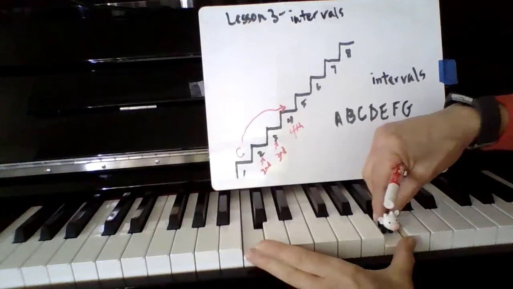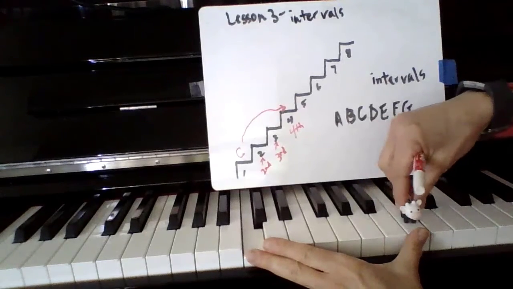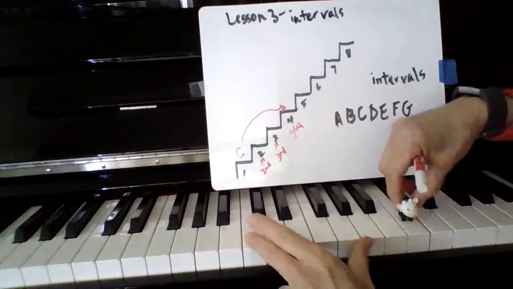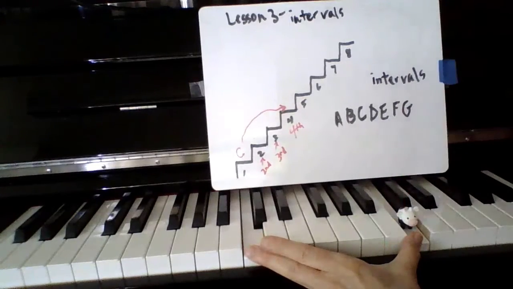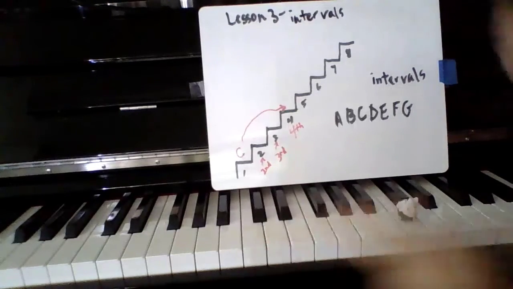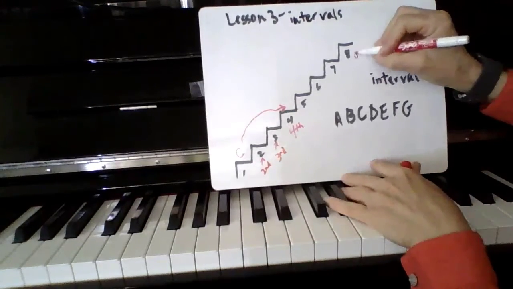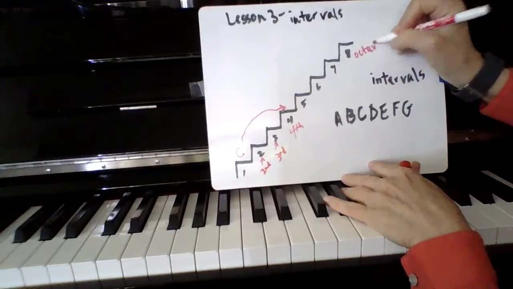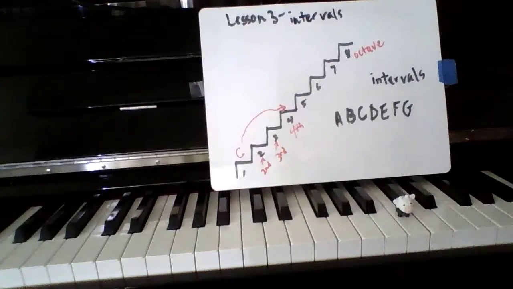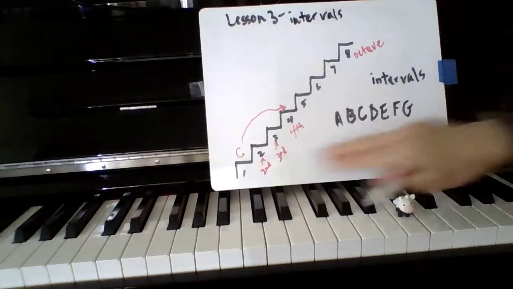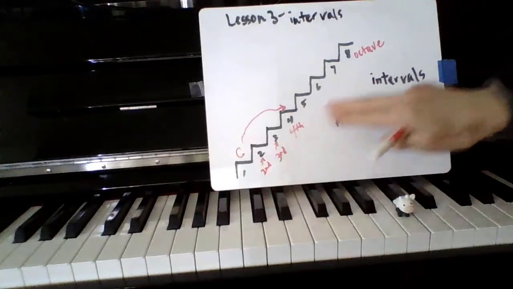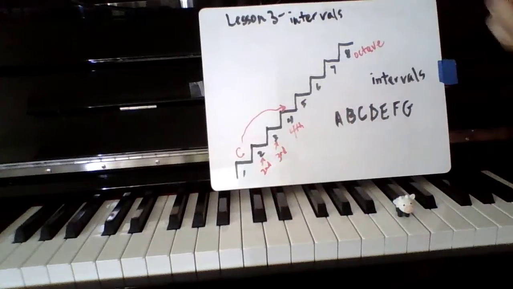Do you know why? Because when we get to 8, they're both C's, and that's called something different. It is the eighth step, but at that point it's called an octave. And then we start over again after that. So we typically only talk about 7 main intervals.